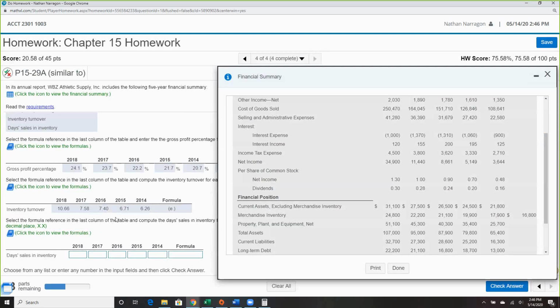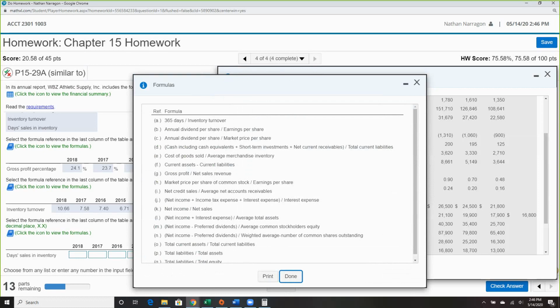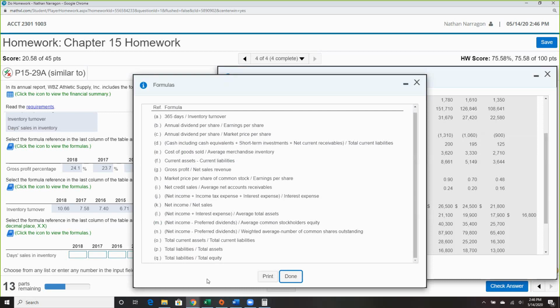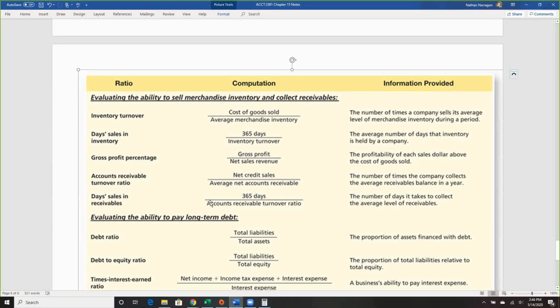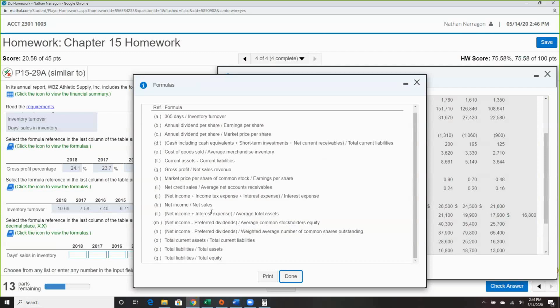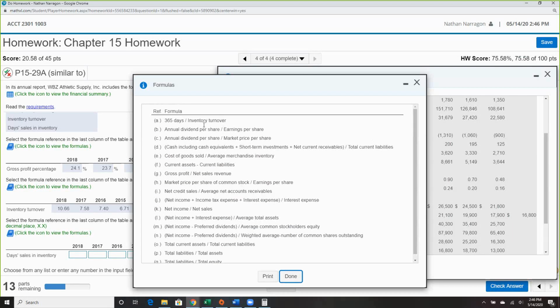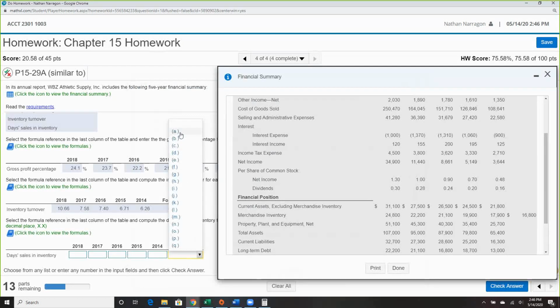Next, last but not least, days of sales inventory. Alright, so 365 divided by our inventory turnover. So there's our 365 divided by inventory turnover. So A is the formula.